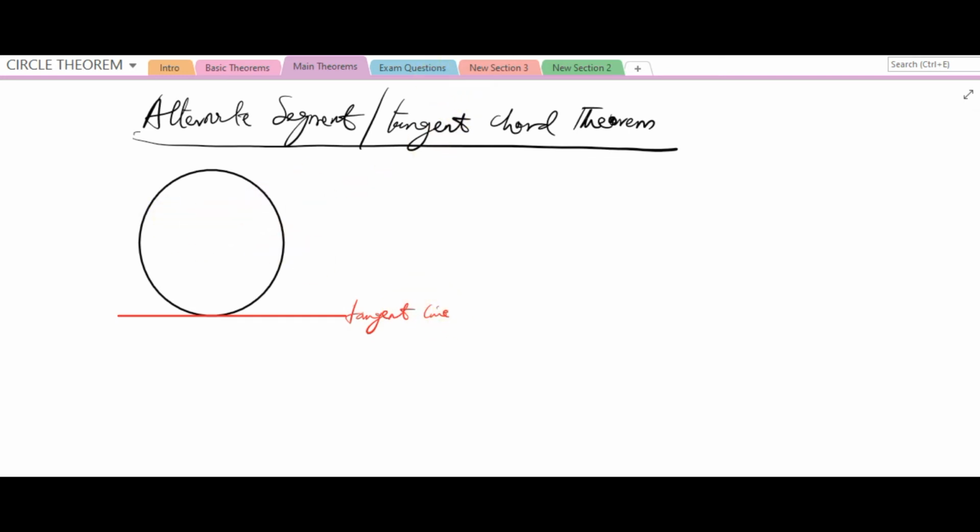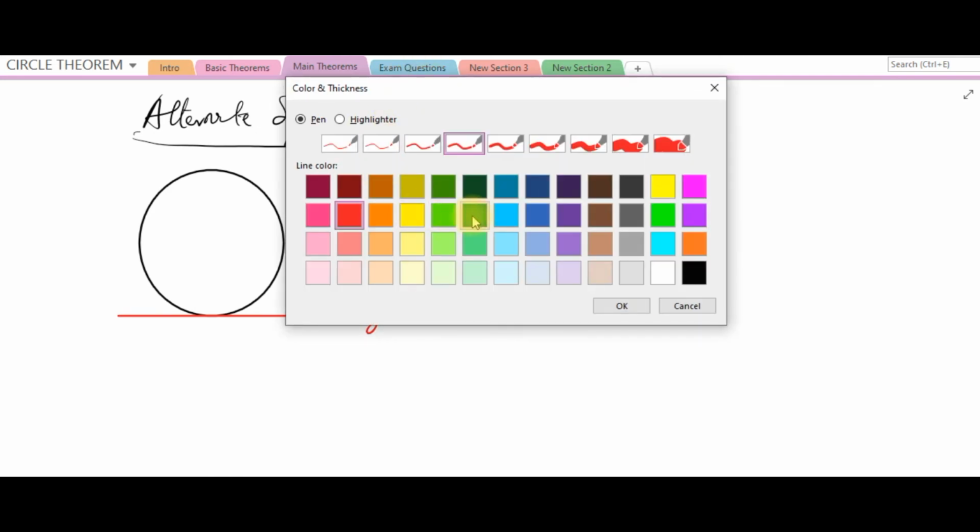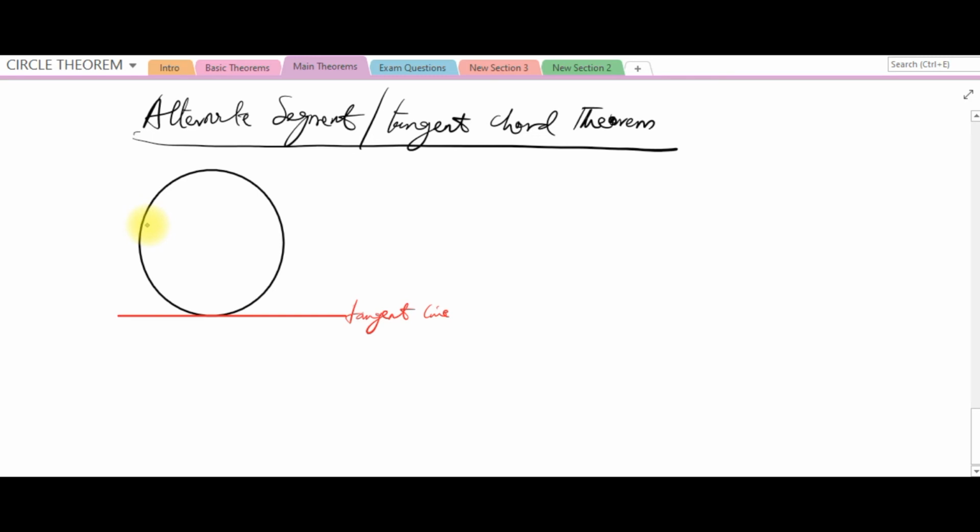So if you have a triangle this way, let's call it A, B, C, a triangle such that one of the vertices is at the point of tangency of the circle and the tangent line.